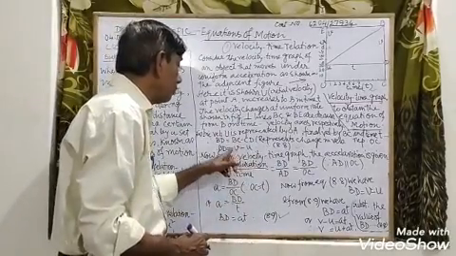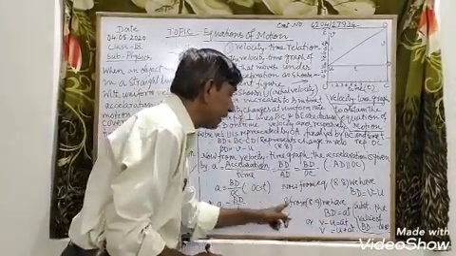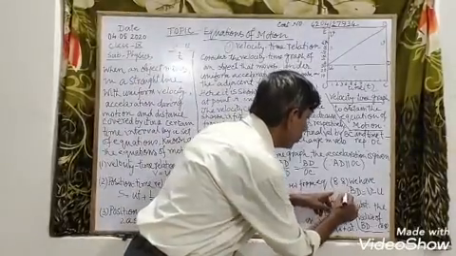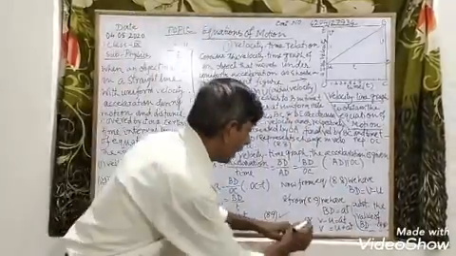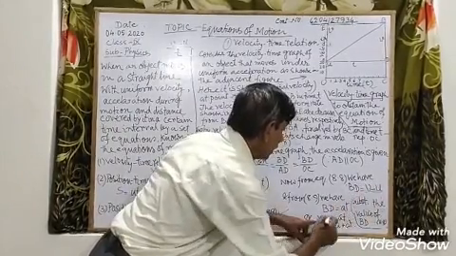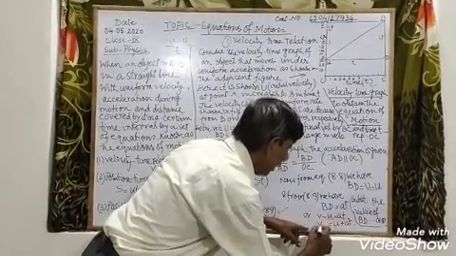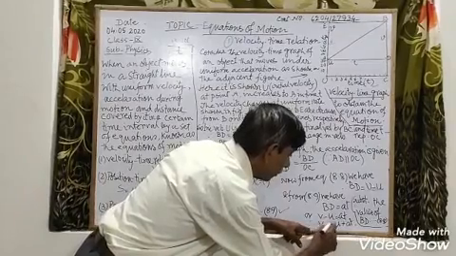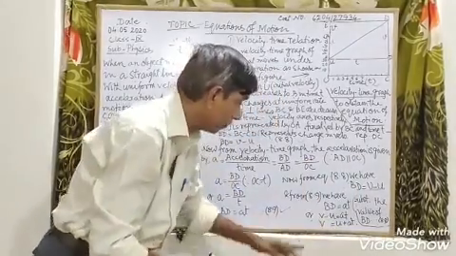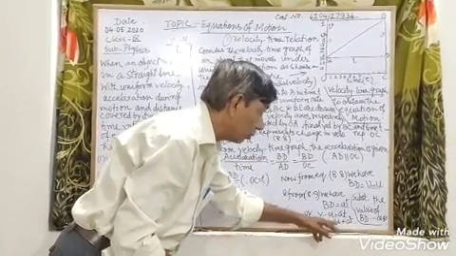Substituting both, V minus U is equal to AT. Shifting minus U to the right side, it becomes plus U. Therefore V is equal to U plus AT.